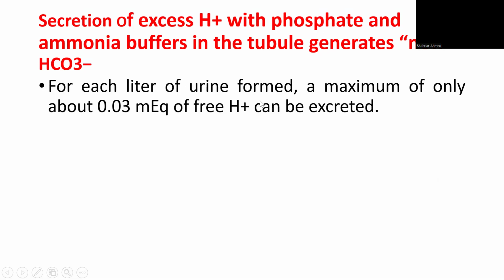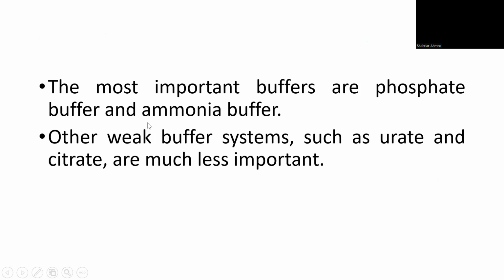For each liter of urine formed, a maximum of only about 0.03 milliequivalent of free hydrogen ion can be excreted. If you form 1 liter of urine, the maximum hydrogen ion excretion will be 0.03 milliequivalent. The most important buffers are the phosphate buffer and the ammonia buffer. Other weak buffer systems are also there, such as urate and citrate buffers.